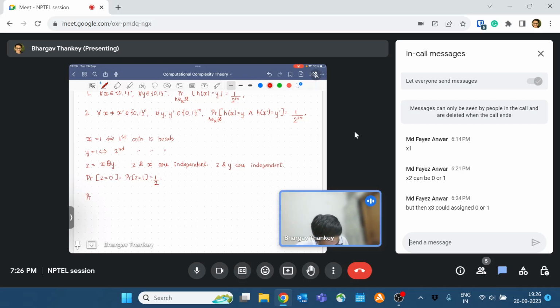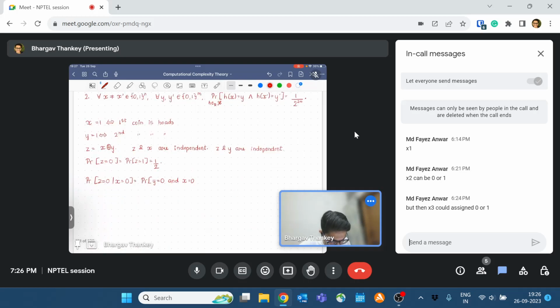So now what is the probability of Z equals zero given X equals zero?